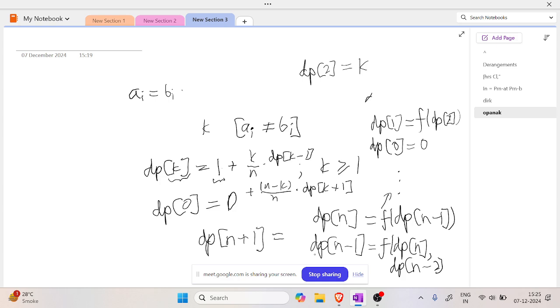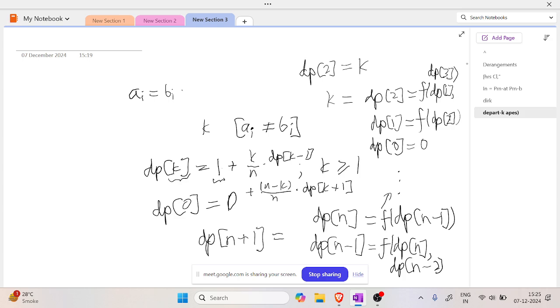But now dp of 2 is some linear function of dp of 1 and dp of 3. So basically, dp of 2 is some linear function, and dp of 2 is already, we know that is k.